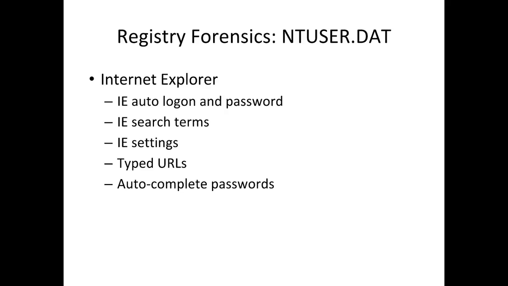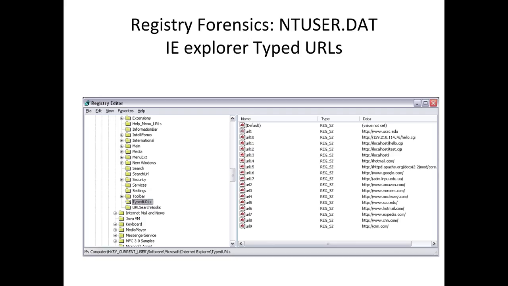Internet Explorer is quite integrated into the Windows system, and it stores a lot of stuff like your logon password, search terms used, settings, whatever typed URLs you've had. And I believe I have an example of this here, where I have a set of typed URLs that have been typed into Internet Explorer.